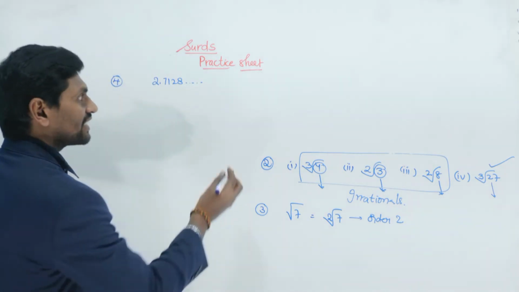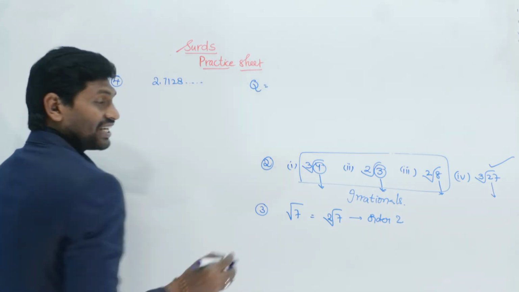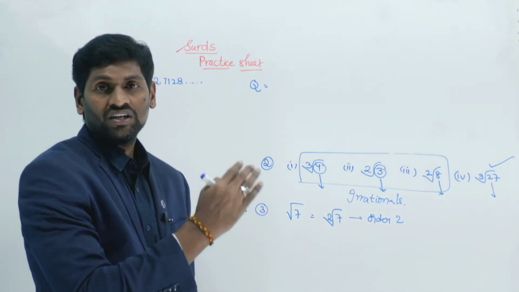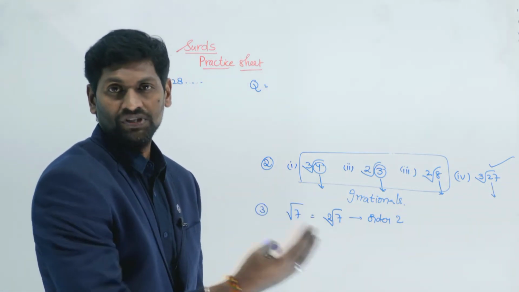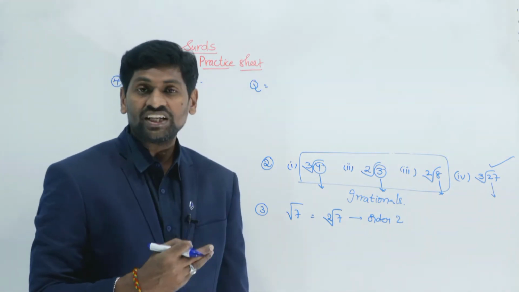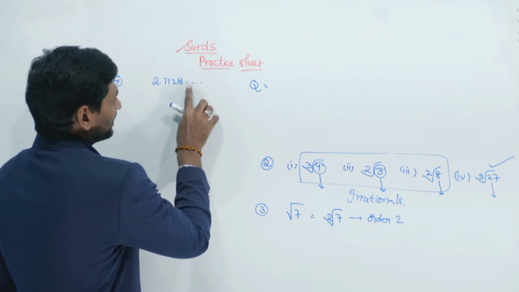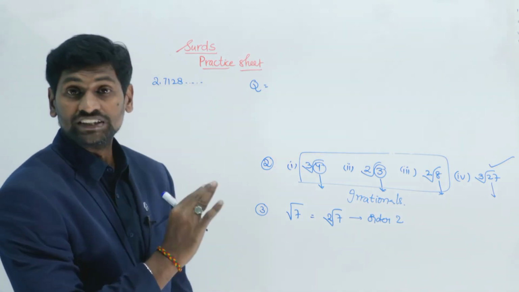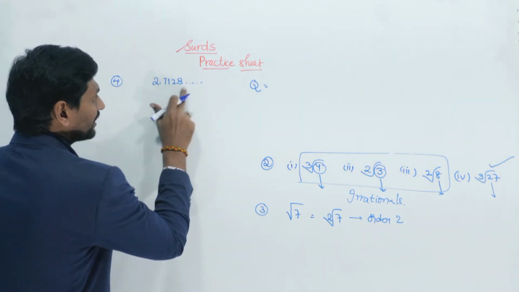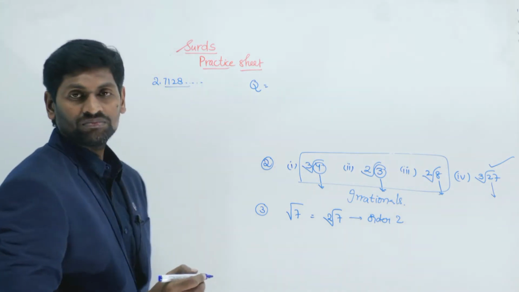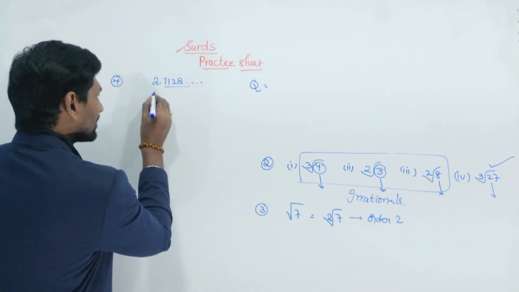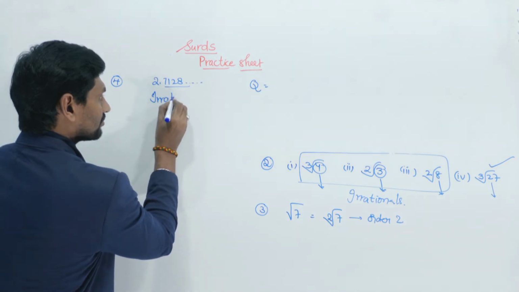No. While we were discussing rational numbers, the decimal form is terminating or non-terminating repeating decimals. But irrational numbers are non-terminating, non-repeating numbers. The dots show that it is not terminating, it is continuing. Can you identify any repeated number here in the decimal form? There is nothing. So it is an example of irrational numbers.